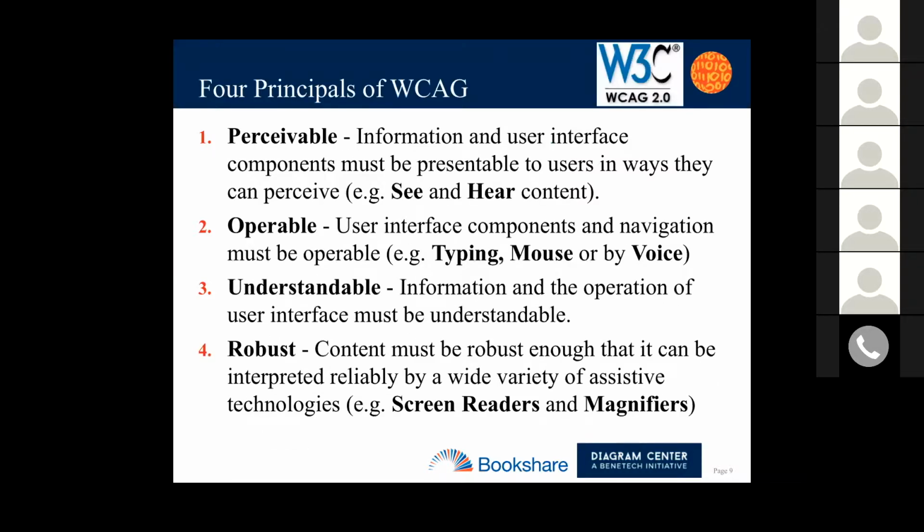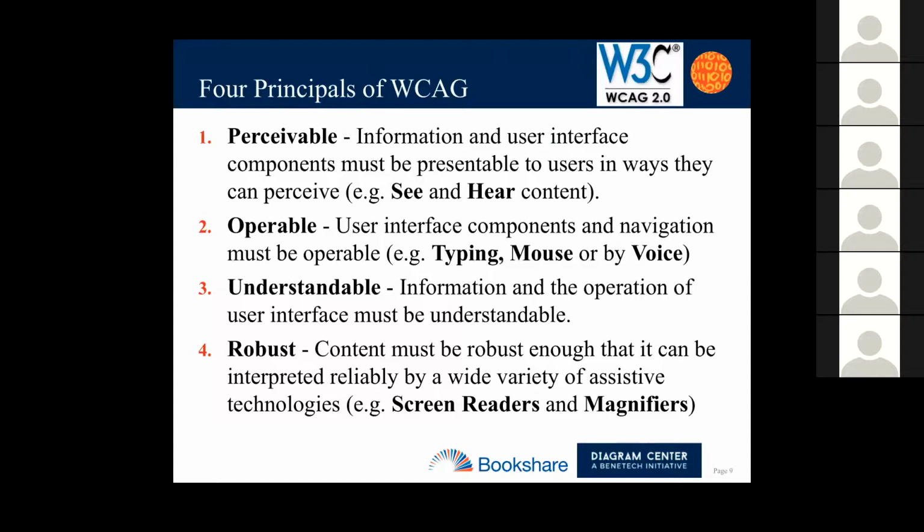WCAG is based on 4 primary fundamental principles. The content must be perceivable. You must be able to interact, like get at the data, i.e. see it and then hear it, and in some cases touch it or feel it. Operable: you must be able to have multiple different ways to interact with it, if you're using a keyboard or a mouse or by speech.